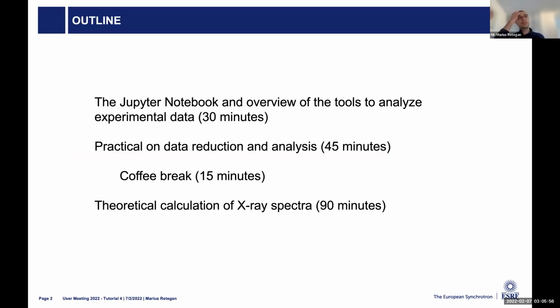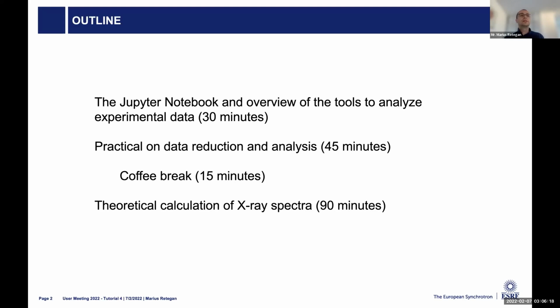The outline. What I intend to present to you today is outlined here. I'll start with a brief introduction on Jupyter Notebook and an overview of the tools that are available to analyze the experimental data.